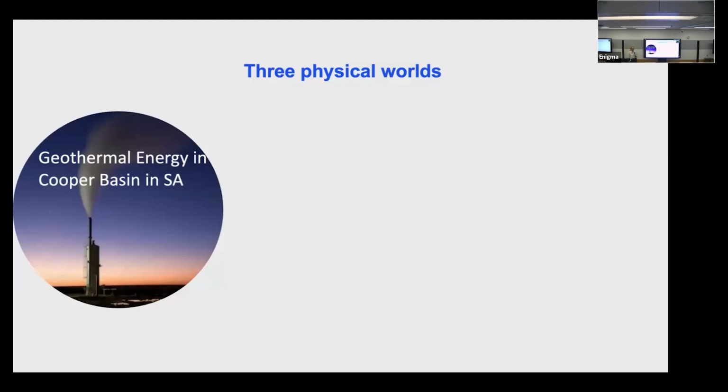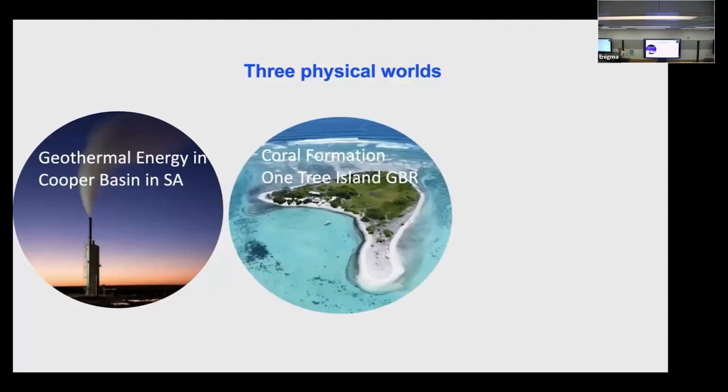The question is, where might that hot granite be? It has to be at about 270 degrees centigrade to produce the amount of electricity that we need. So that's the first example.